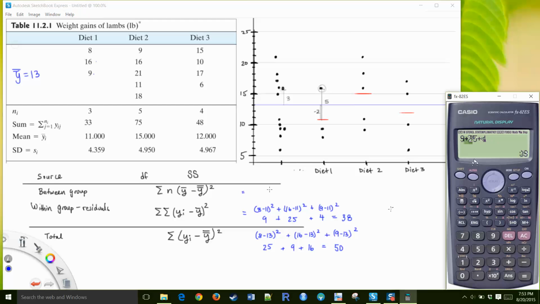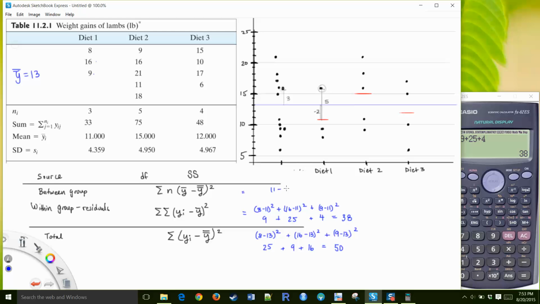So the sum of squares due to the between group component is 12. The sum of squares that exist just within the group, the individual differences, is 38, and the total sum of squares is 50. Okay, and this can also serve as a double check, but you don't have to do this.